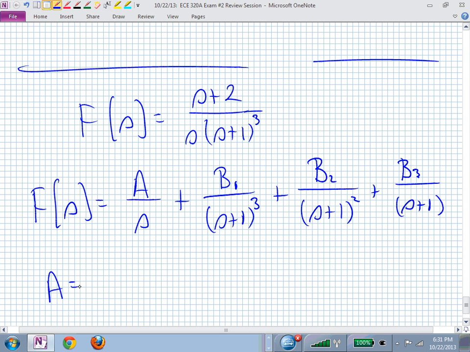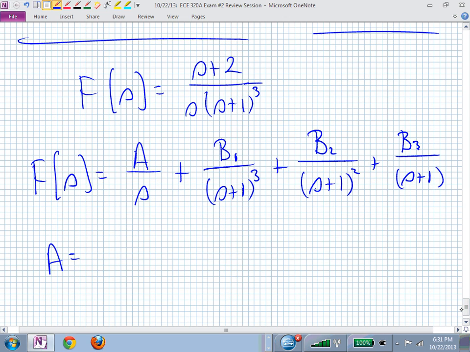So I can find A rather quickly. A is now going to be, I just multiply both sides through by S and let S equal 0. That's the value of S that causes the factor below A to vanish. That's where that 0 comes from. This now becomes 2 over 1. So A becomes 2. That's pretty quick. It's probably quicker than plugging it into your calculator.